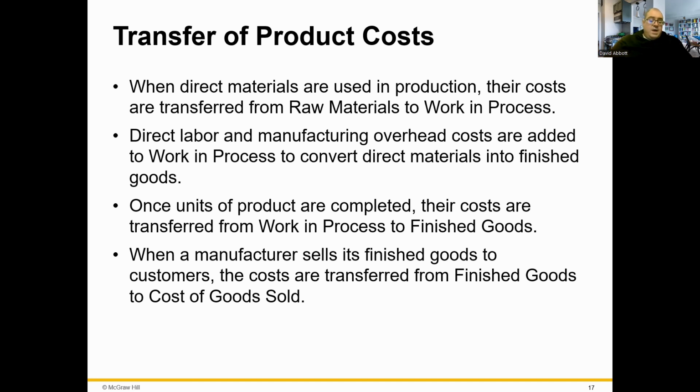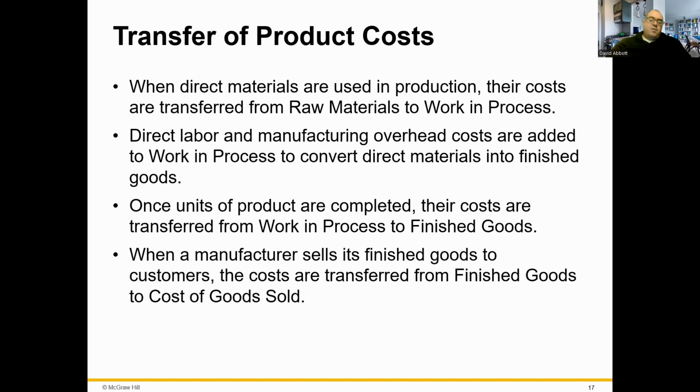And okay, the other thing we have to do is transfer product costs. So when direct materials are used in production, their costs get transferred from the raw materials inventory to the work in progress inventory. So when something comes in as raw materials, it's going to be in one area. Then once we go to use it, we're going to have to transfer that cost over into that other department. Direct labor and manufacturing overhead costs are added to work in progress to convert the direct materials into the finished product.